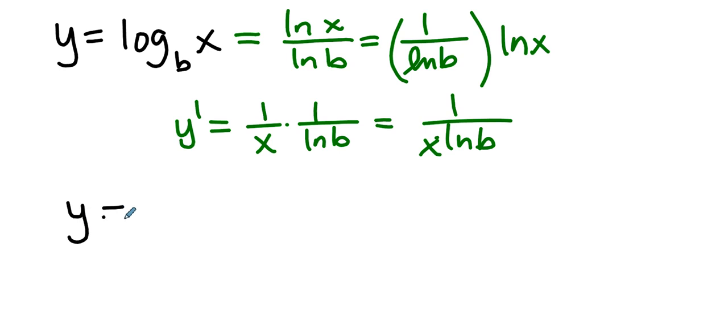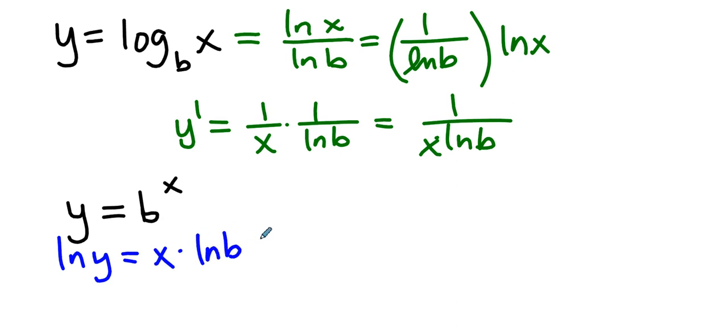What do we do if we're taking the derivative of an exponential function, but the base isn't e? Well, how does that go? Well, we know how this works. If this is true, then this means that the natural log of y is x times the natural log of b.